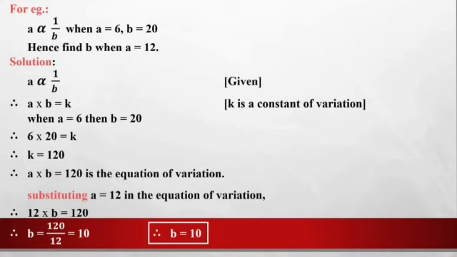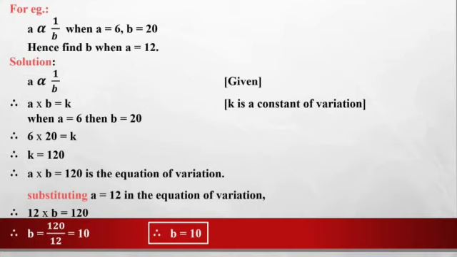Now what have they asked you? They have asked you to find out b when a is 12. Now you will substitute a as 12 in the equation. So a into b is equal to 120. a they have given you as 12 and you are going to find out b. So 12 into b is equal to k. k you have already found.